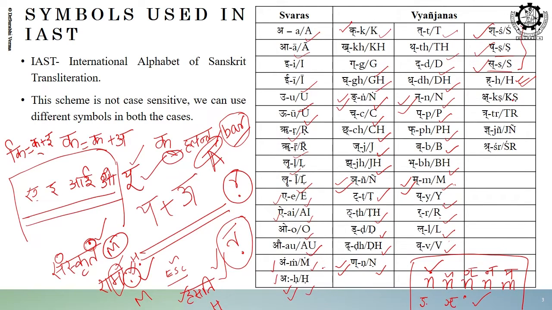After this we have three other sounds: one is ksha, then tra, then jna. Kshatrajna. Ksha is a fused or combination sound, a mixed sound, because it incorporates two Vyanjanas: one is ka and the second is Murdhanisha.